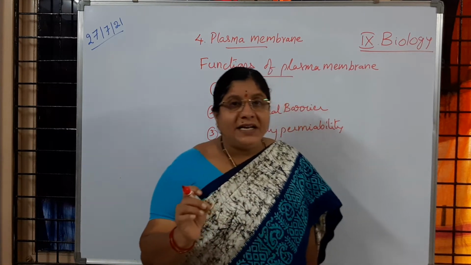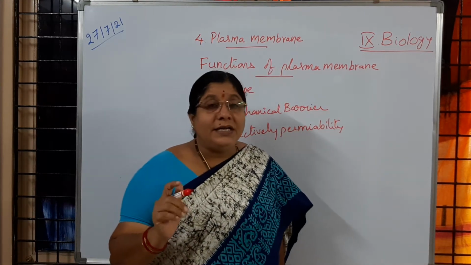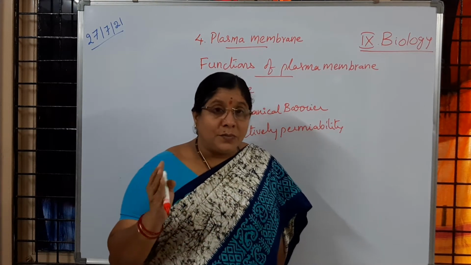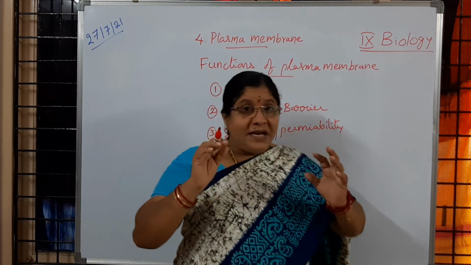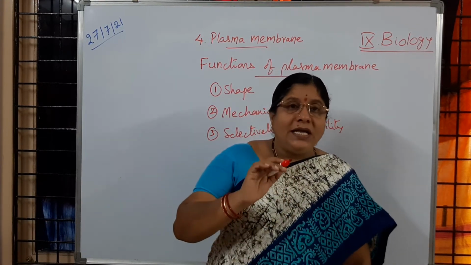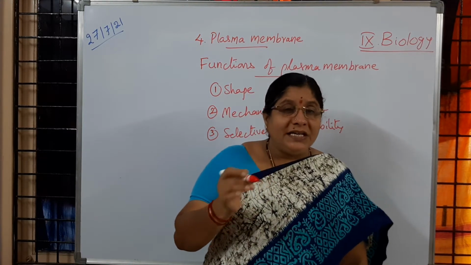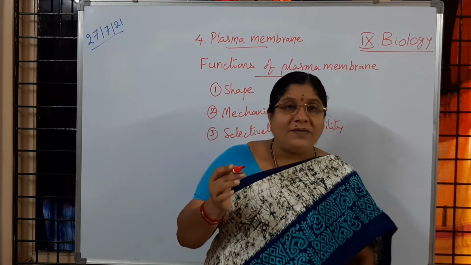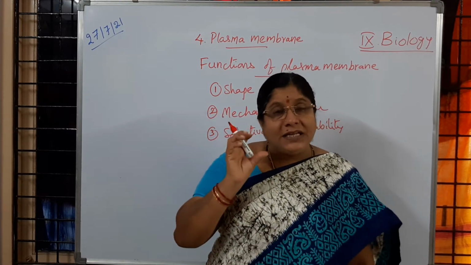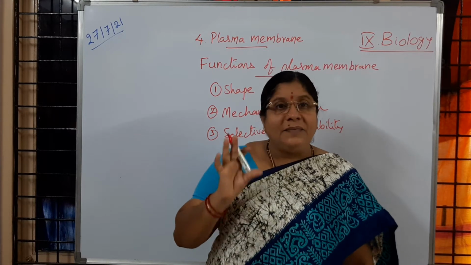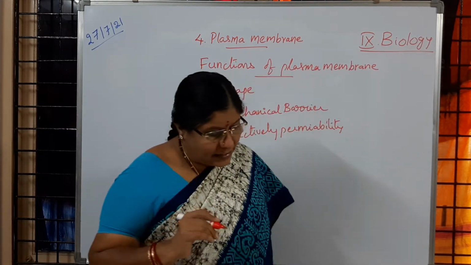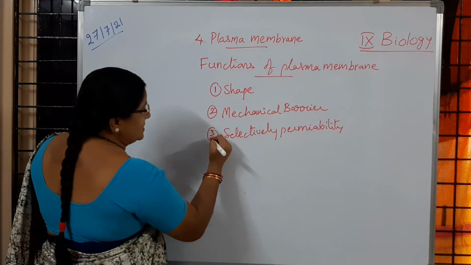So needed materials, how much quantity they must be present, and which materials are not supposed to be present, the plasma membrane has that information. Is it clear? With that, the plasma membrane allows needed materials inside the cell and unwanted materials are sent out of the cell. So it has the capability of selecting the materials which are supposed to be present or exit from the cell.